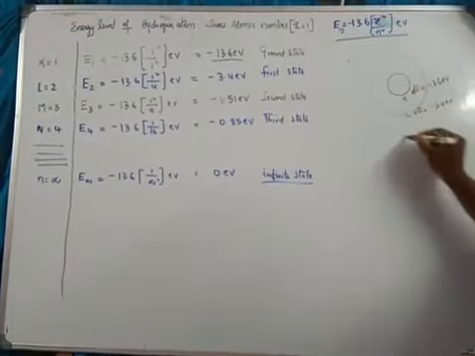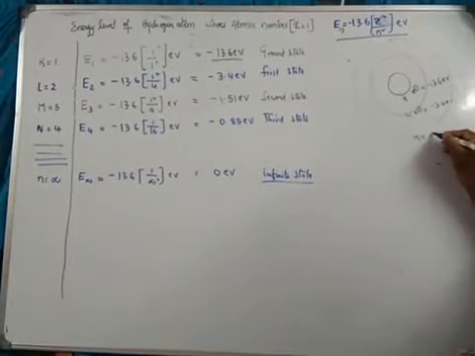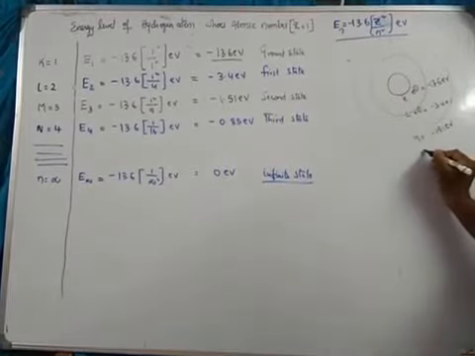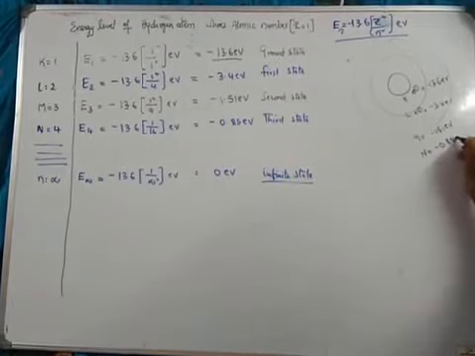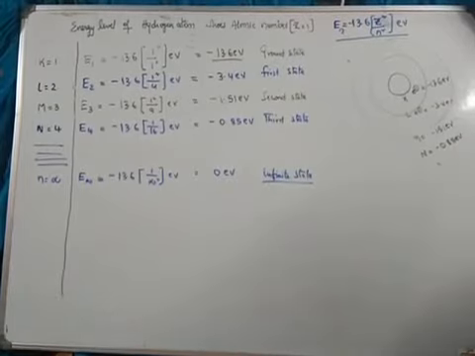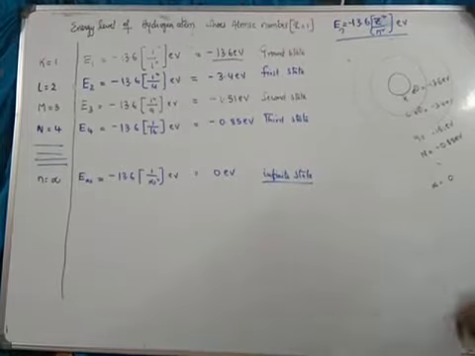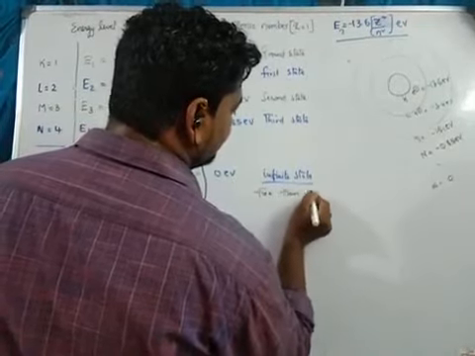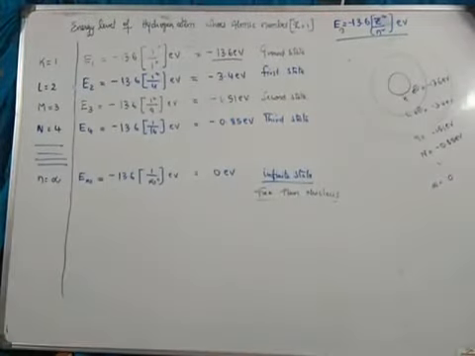For the M shell, the energy level is minus 1.51 electron volt. For the N shell, the value is minus 0.85 electron volt. Remember these energy levels by heart. If you consider the infinite term, the value is equal to 0, and this state we call free from the nucleus. There is no relation between the electron and the nucleus.